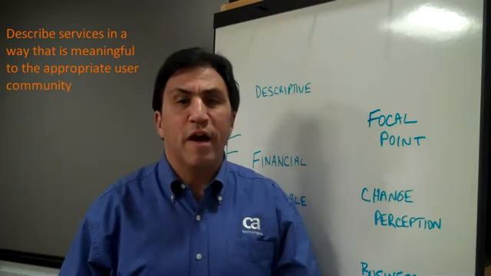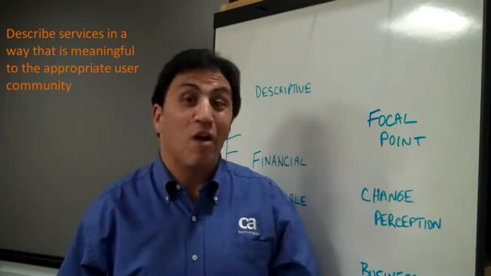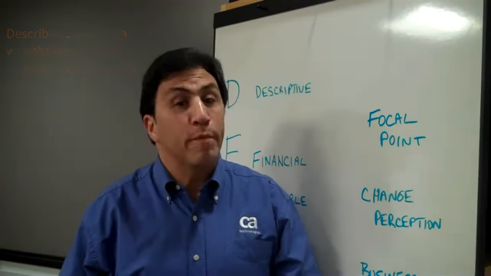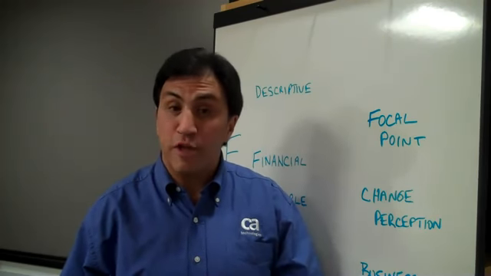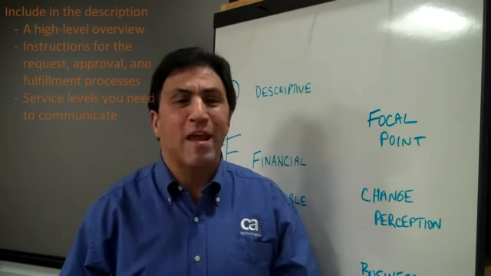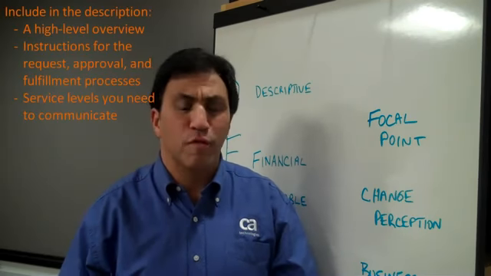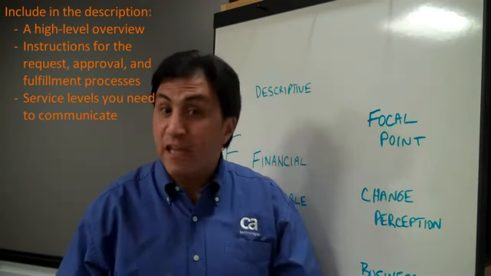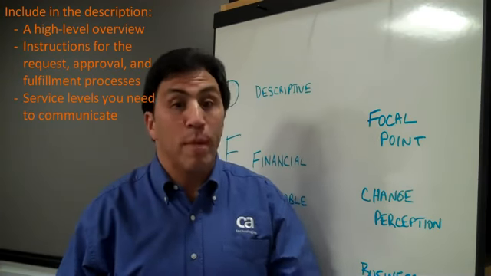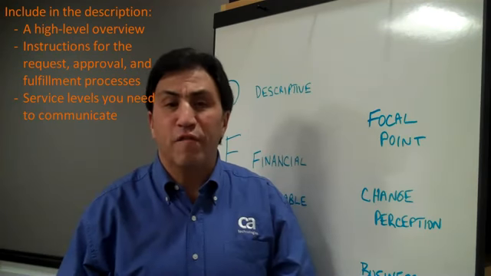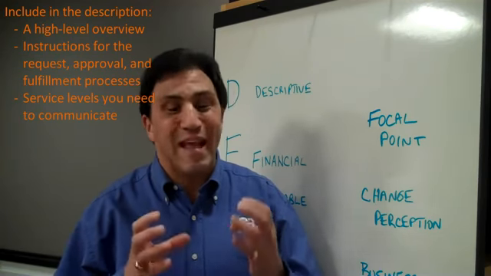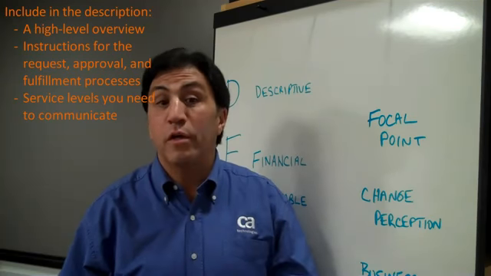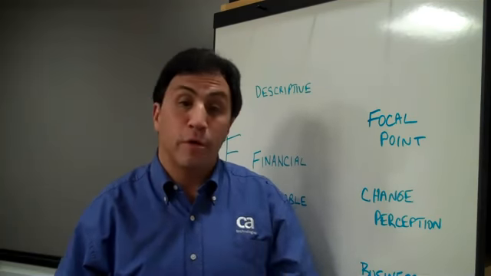You may be better off defining that storage service as reliable and secure data storage. Be sure to include in the description a high-level overview and any instructions for the request, approval, and fulfillment processes, and any service levels you need to communicate. Remember that you are looking not just to define your offerings, but also to set expectations for the delivery of the service to your user community.